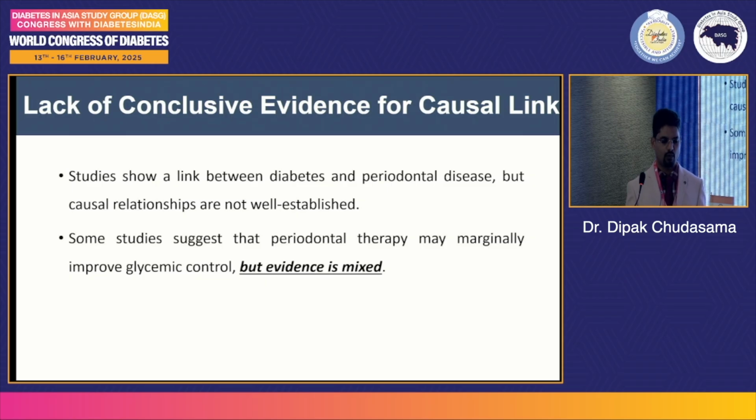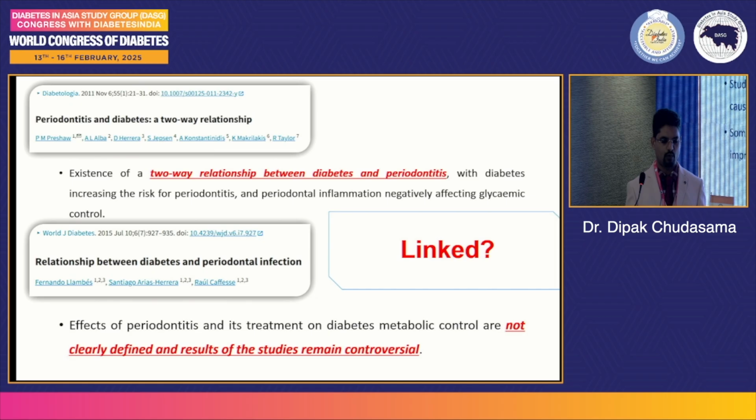Why is the evidence mixed? In Diabetologia in 2011, one paper suggested that periodontitis and diabetes have a two-way relationship, with diabetes increasing the risk of periodontitis, and periodontal inflammation negatively affecting diabetes control.